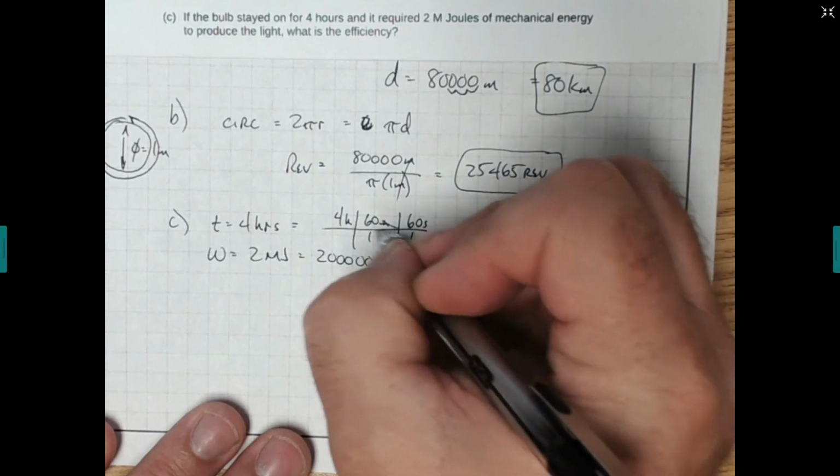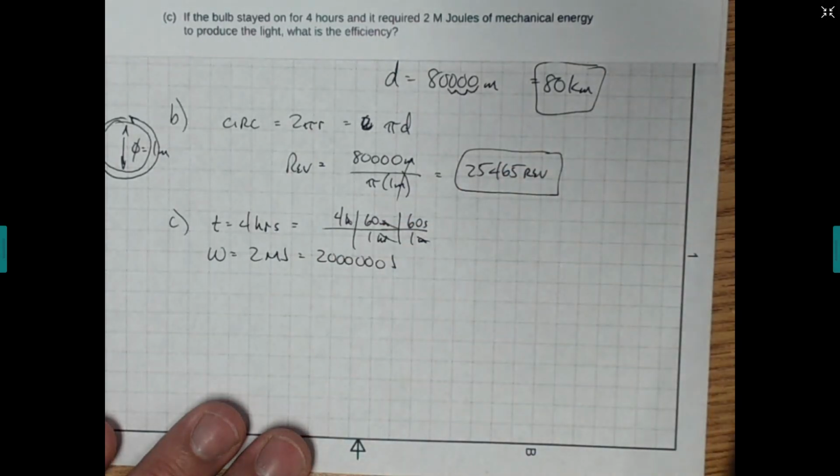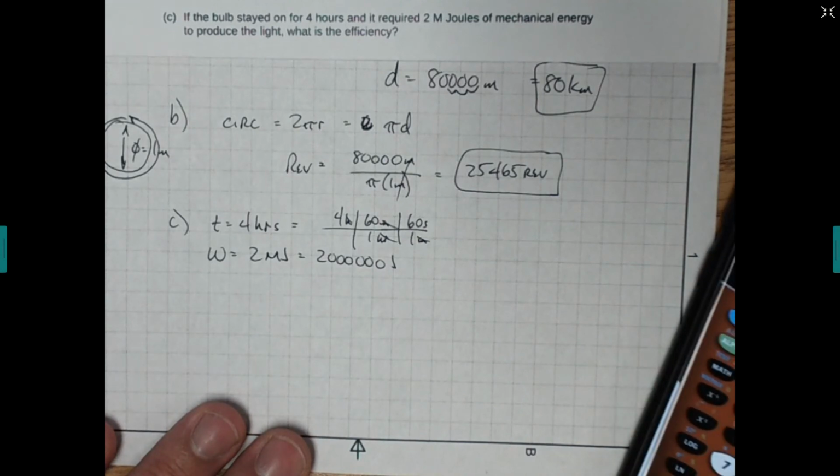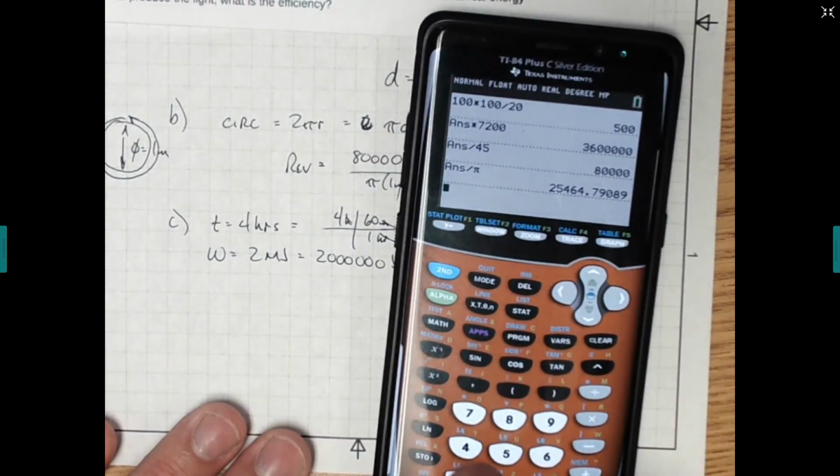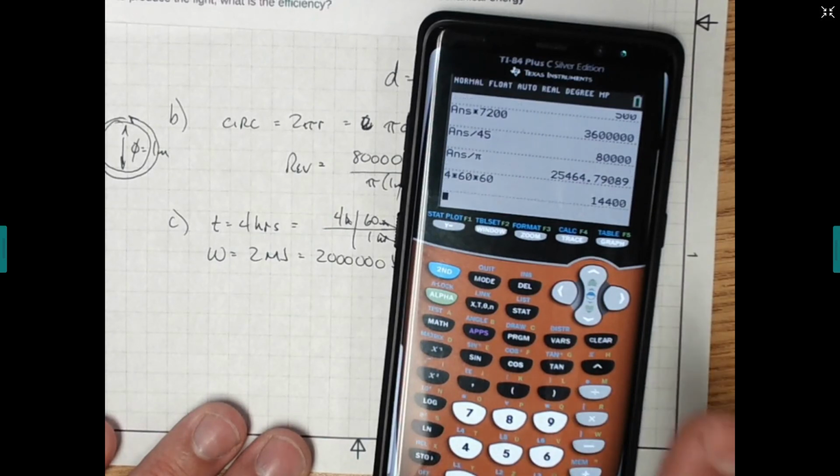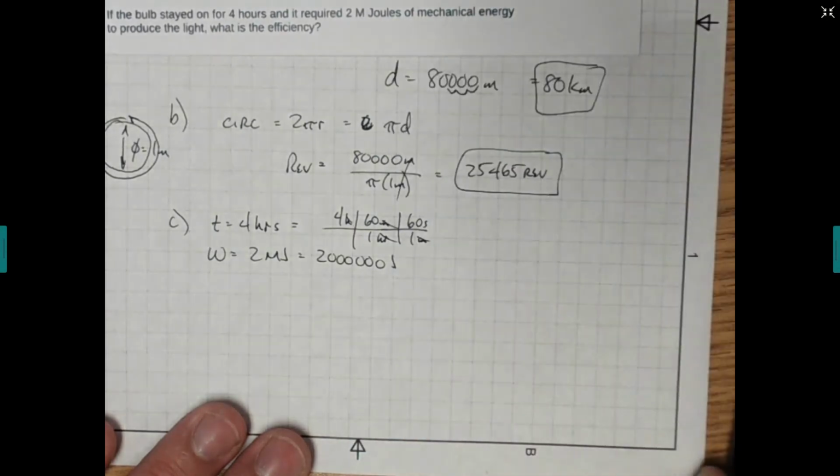So the minutes go away, the hours go away. We have 4 times 60 times 60. Oops, missed the times button. Let me try this again. Slow down. 4 times 60 times 60. Bam. We get 14,400 seconds.